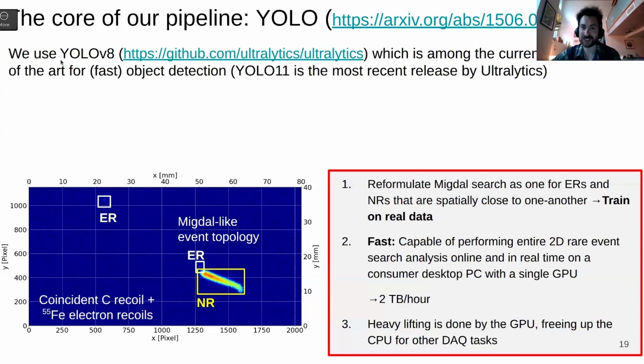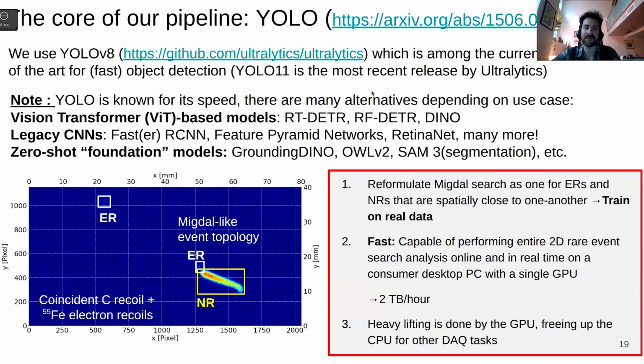Object detection is a very versatile field. But recently, Ultralytics has released several new iterations of the YOLO model. We're using version 8, which when we started using it was among the current state of the art for fast object detection, but this is a rapidly progressing field. So now I think YOLO 11 or maybe YOLO 12 is the most recent release by Ultralytics.